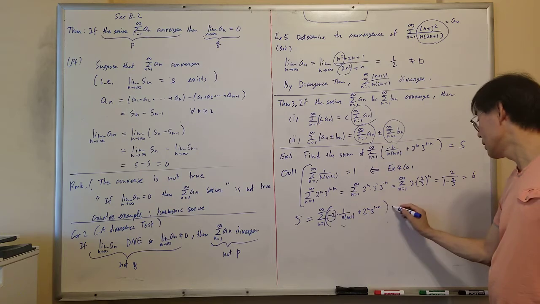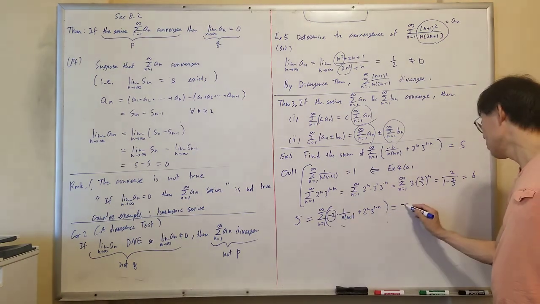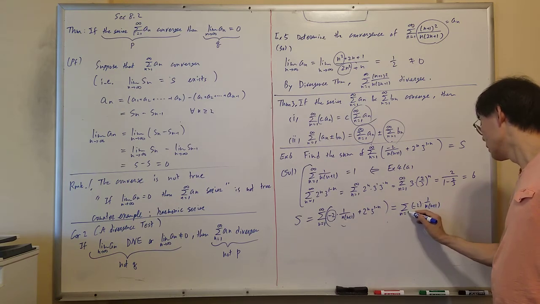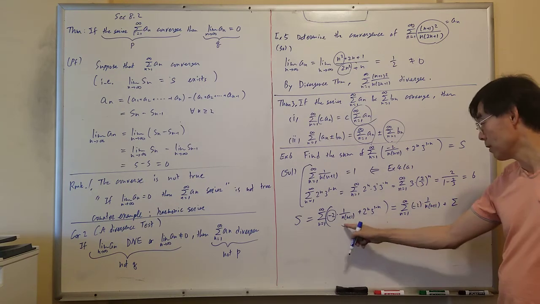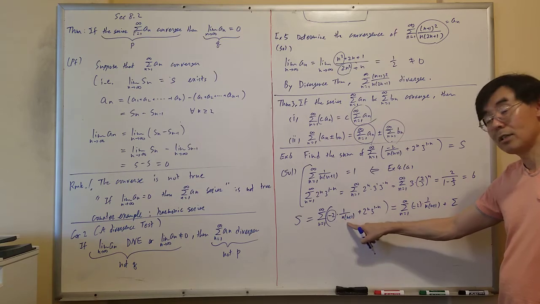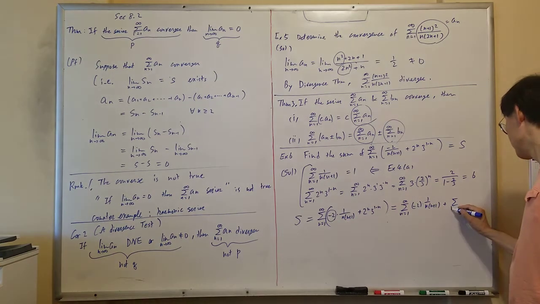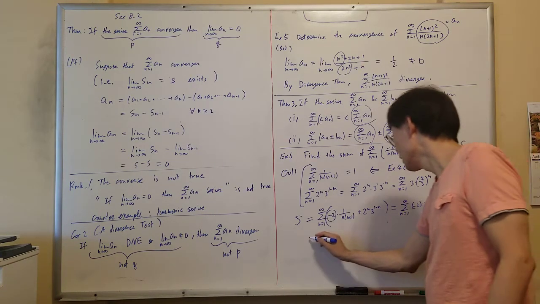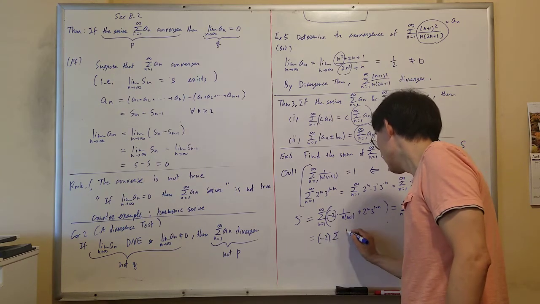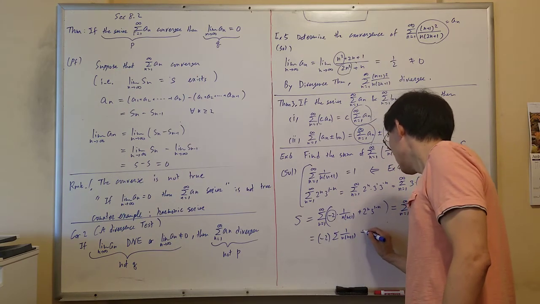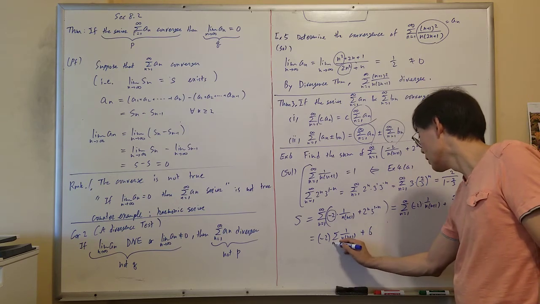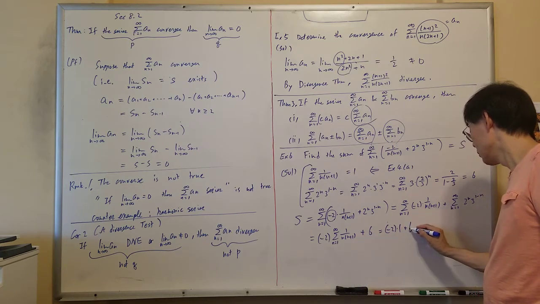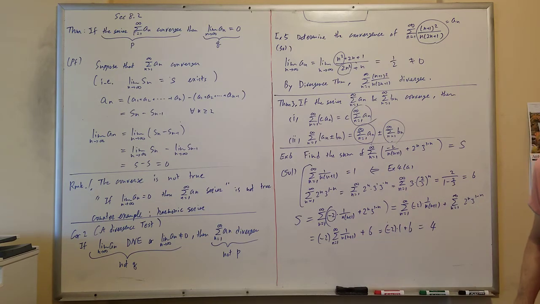We learned that this infinite series can be split over addition because both of them are convergent series. A constant times a convergent series is also a convergent series, and the constant can be taken out. We already found that this is 6, and this is minus 2 times 1. So it is 4.